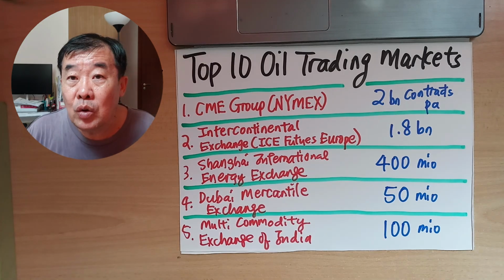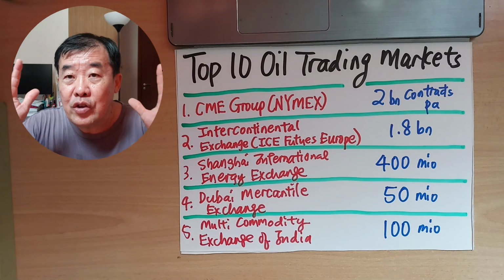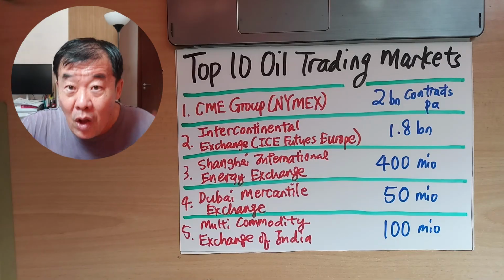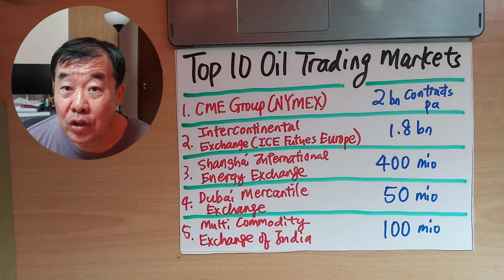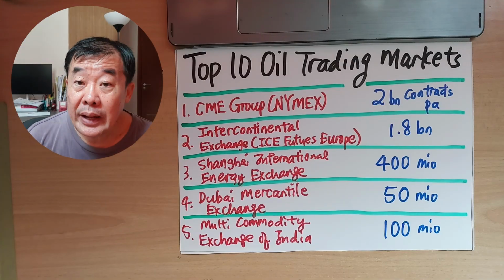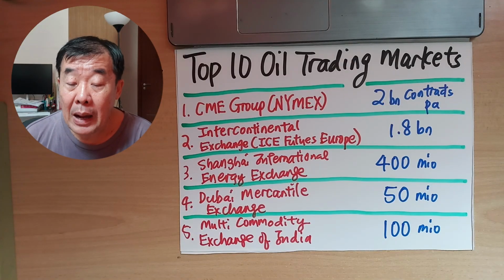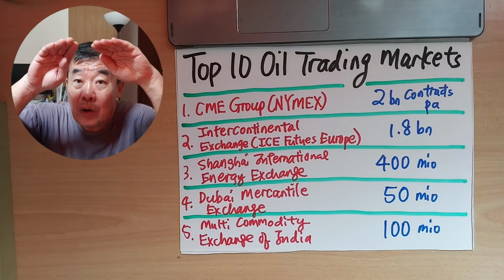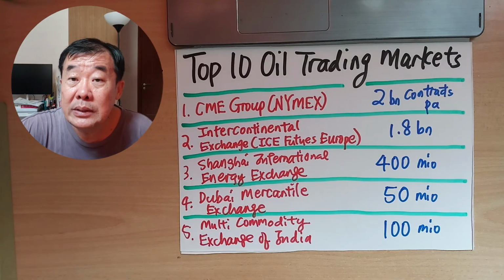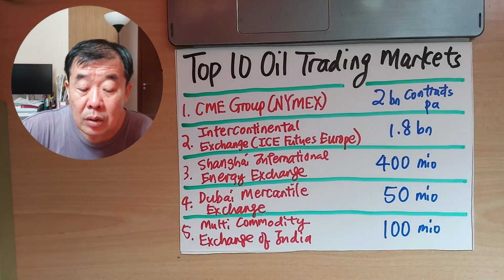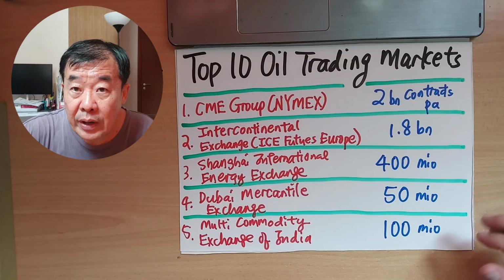Now I will tell you which are the top 10 oil trading markets in the world, because all these paper prices need to be traded in some exchanges, so that there will be buyer and seller, and it will be in a regulated environment. They buy, sell, and they know that the other party will deliver the contract or pay money. So I put down there the top 10 oil trading markets in the world.